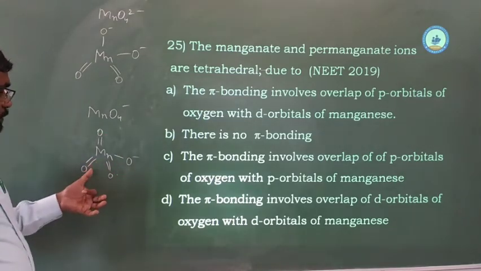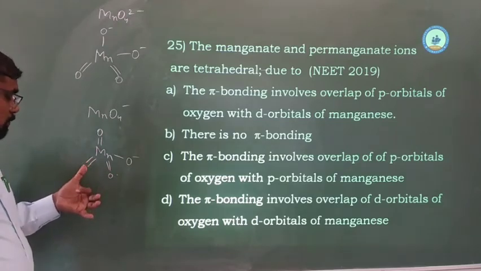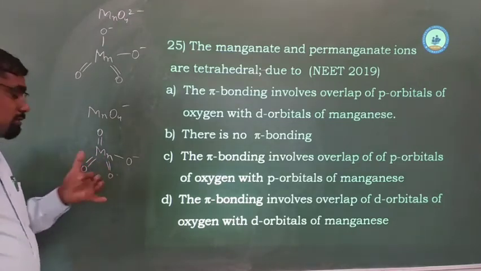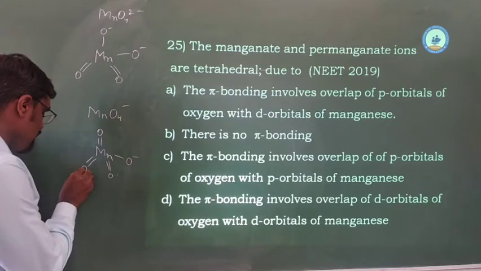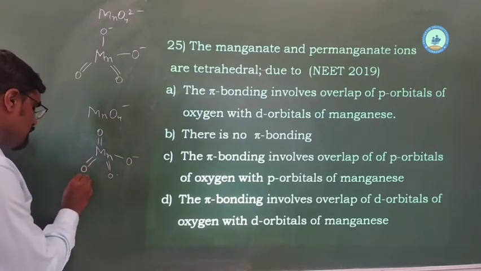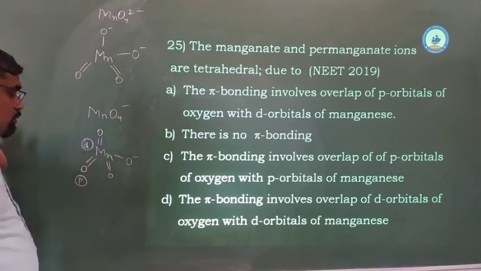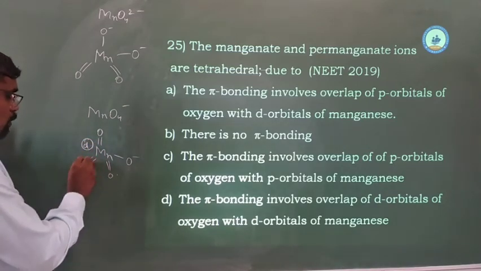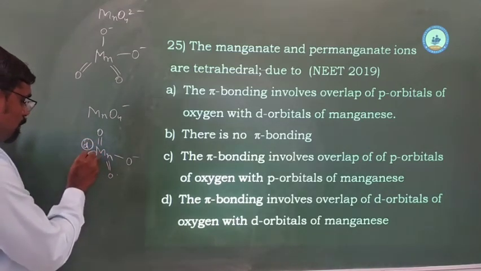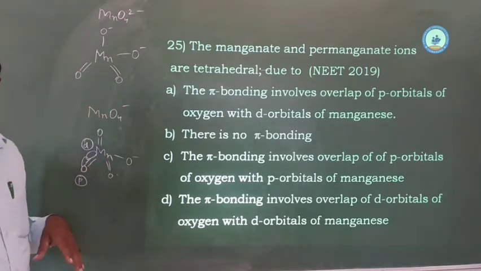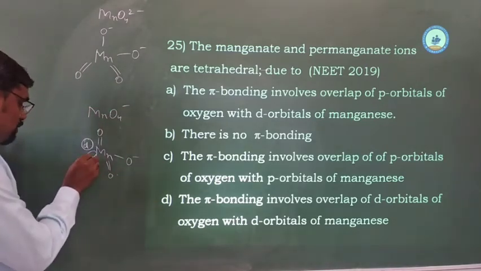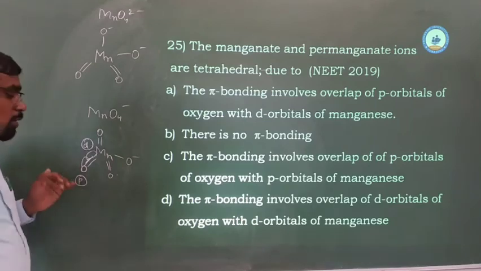See that there is a formation of bonding between oxygen and manganese. Here the oxygen has p orbitals and manganese has d orbitals, so both undergo overlapping and formation of the pi bond.